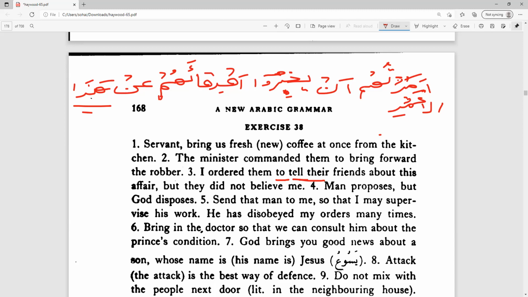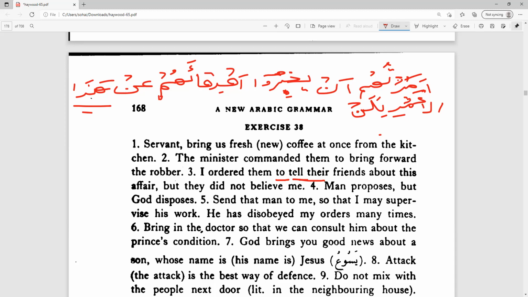But they did not believe me. Lakin. Yes, lakin. Whom. So what is believe? Saddaqa yusaddiqu. You already said lakin.